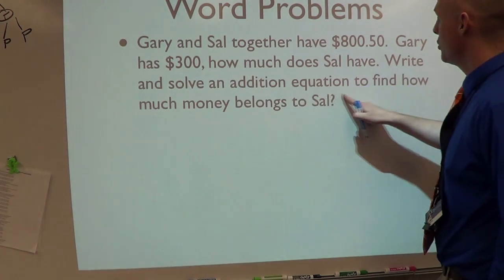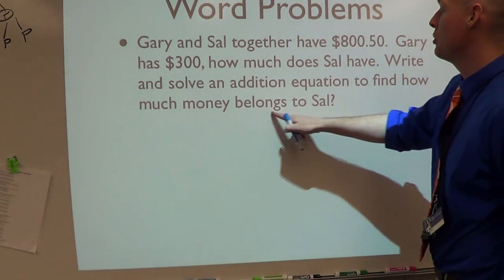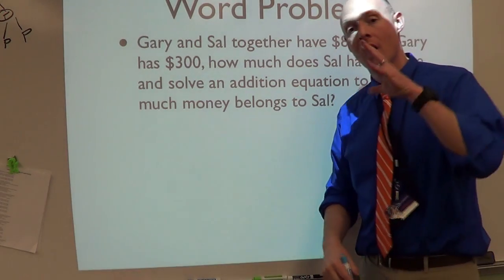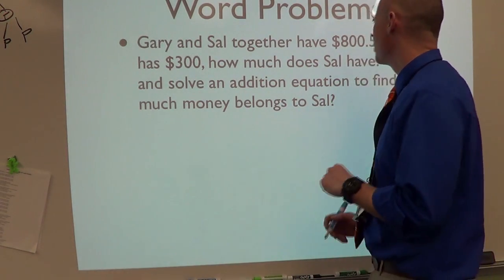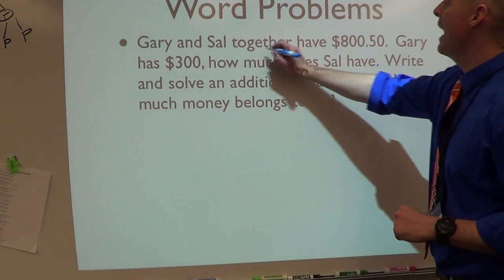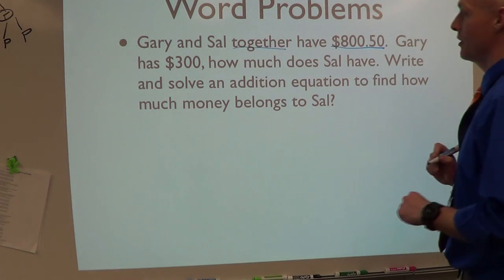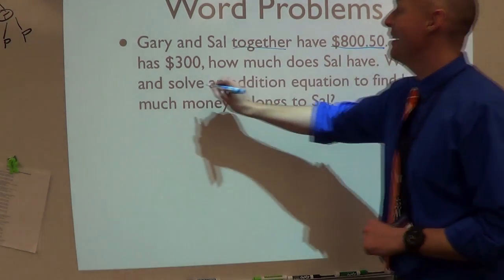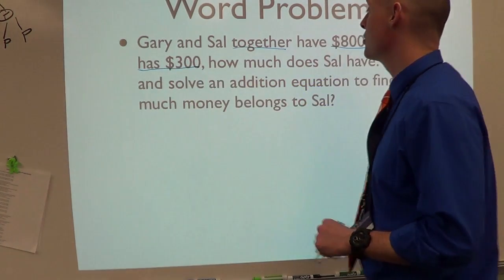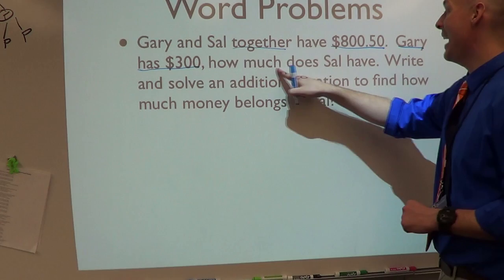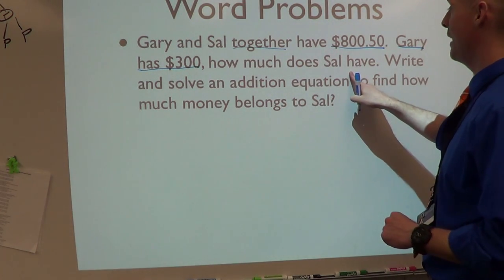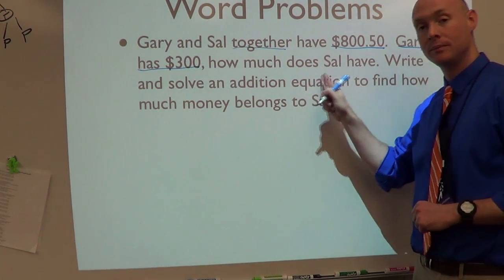Write and solve an addition equation to find out how much money belongs to Sal. Alright, so let's look at what our key math terms are. We have together have $800.50. Gary has $300. And the question's asking how much money does Sal have? That's what we're looking for.